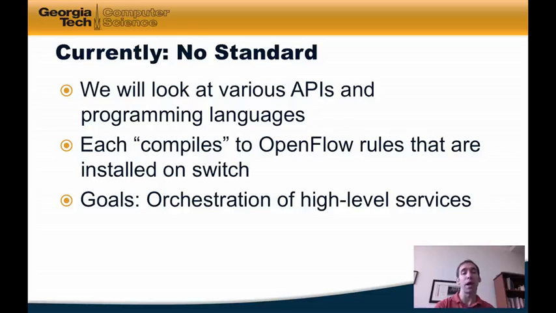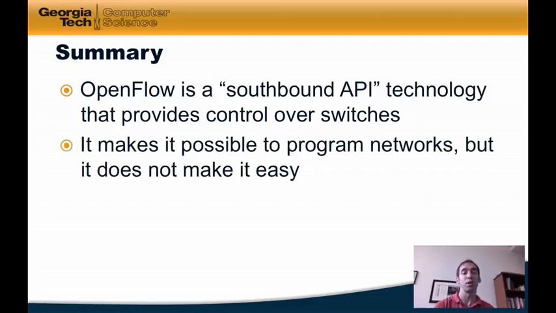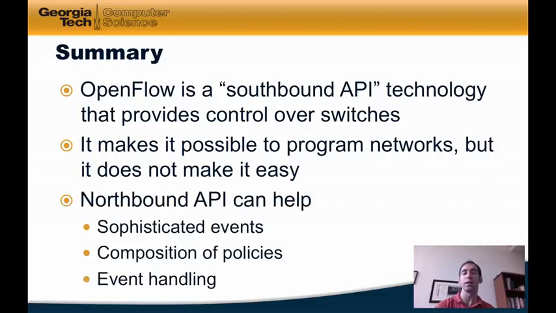Each of these Northbound APIs that we'll discuss compiles to OpenFlow rules that are ultimately installed on the switch. Ultimately, we're looking for good Northbound APIs that enable orchestration of high-level services. In summary, OpenFlow is a southbound API technology that provides control over switches. It makes it possible to program networks, but it doesn't make it easy.